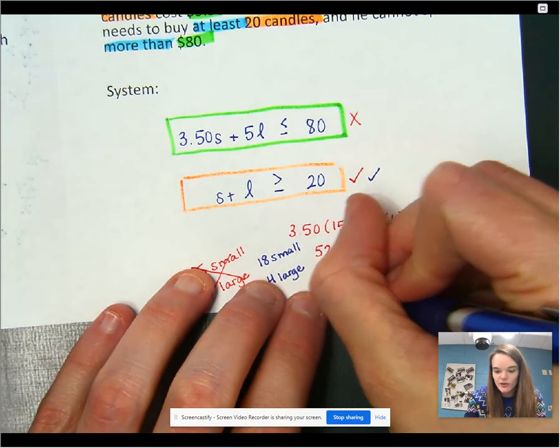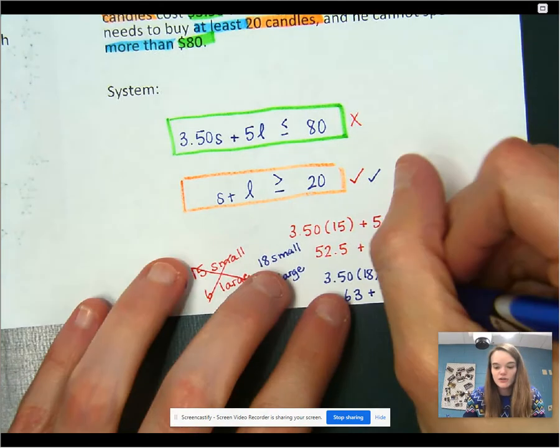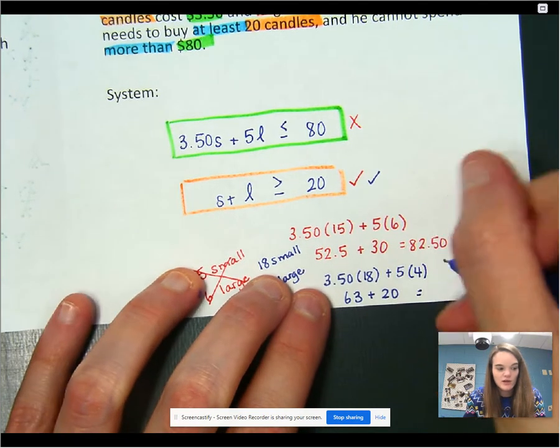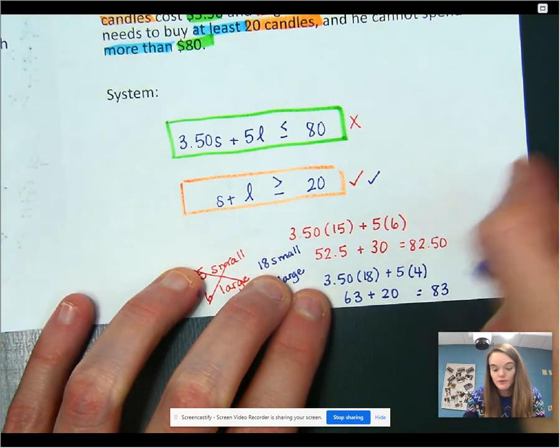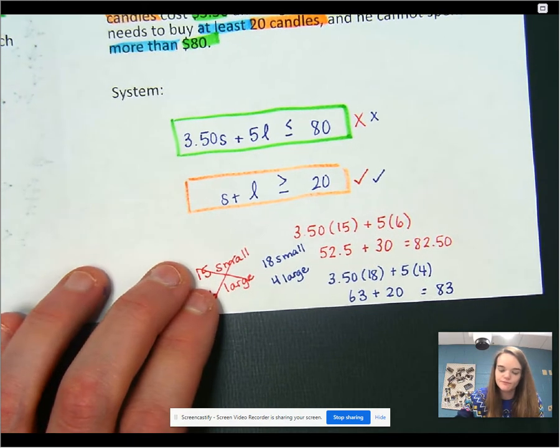That is $63 for the smalls and $20 for the larges, which is $83. Well, it didn't work for that either. Well, let's try something else. Oh, that one doesn't work.